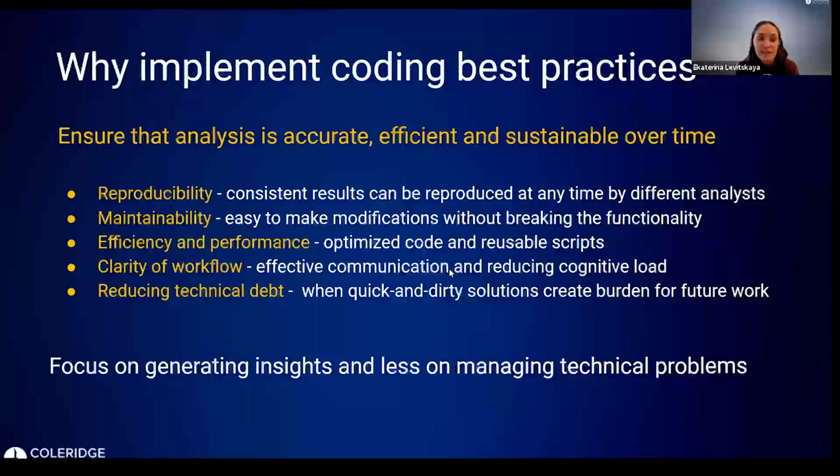So we want to make sure that the same analysis with consistent results can be reproduced at any time, and not only by us, but also in the future, perhaps by different analysts or different teams. Coding best practices also help us to write maintainable code, which means that we can easily make updates, modifications, without breaking the functionality. And this is really important when also data sets or analysis requirements change over time.